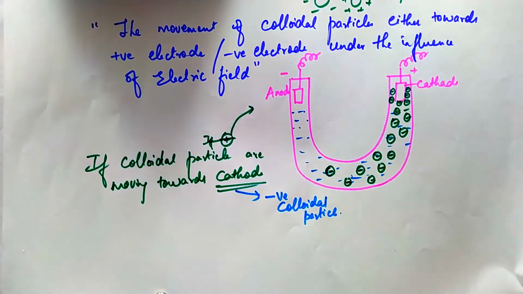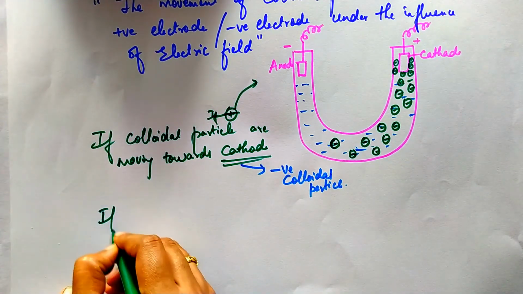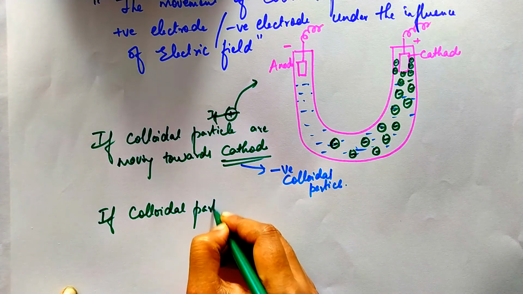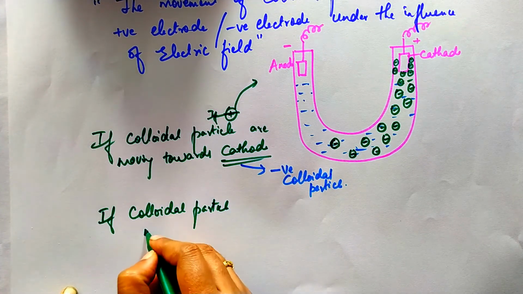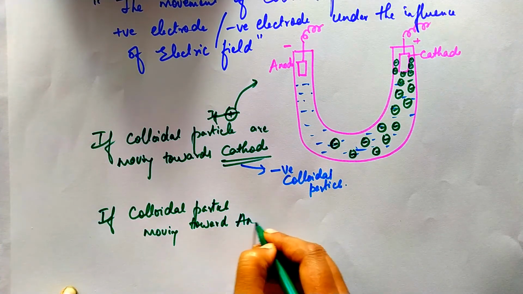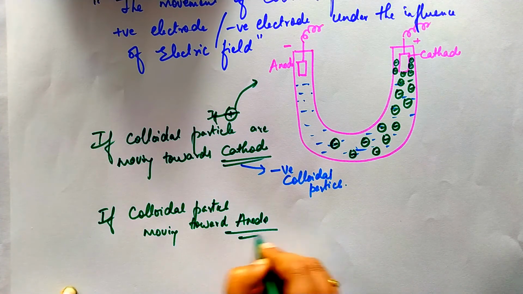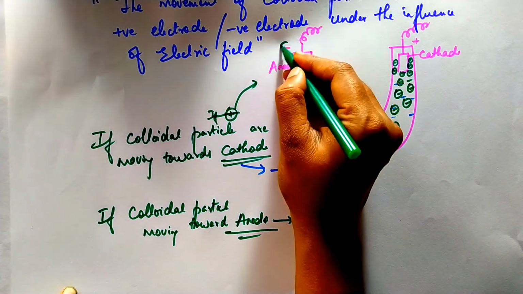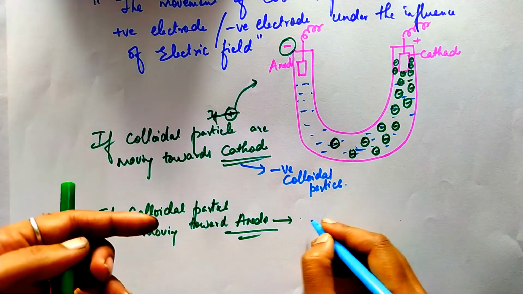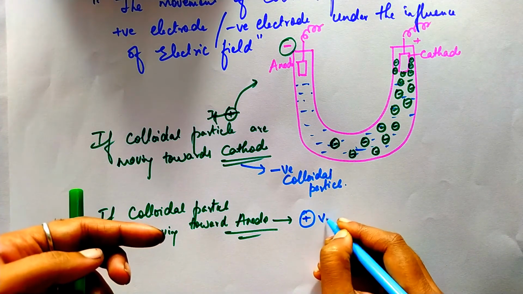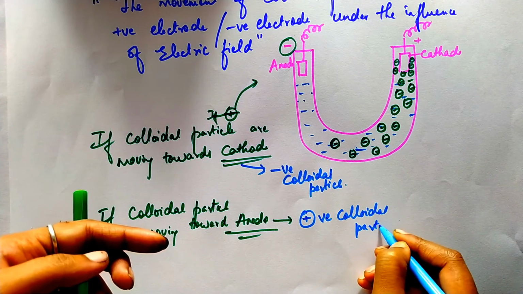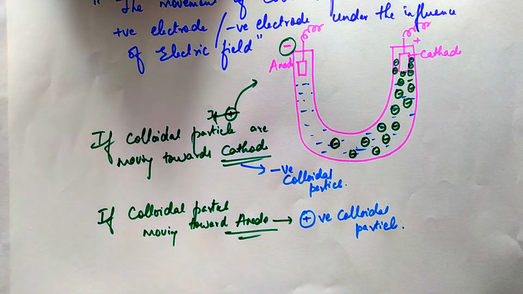In the same way, if colloidal particles are moving towards the anode, which indicates that the anode has a positive sign, then the colloidal solution contains positive colloidal particles. This is how we identify the charge of colloidal particle.